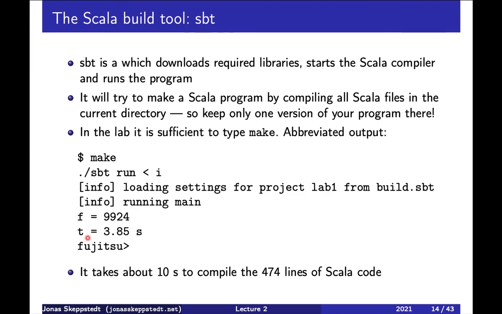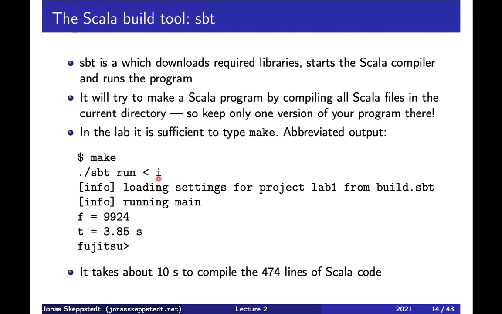So this is the input. This input comes from lab 6 of the algorithms course, and you will want to see this number when you run the labs. And for all the labs it's sufficient to just type make, because the labs will always have a so-called makefile, so you just type make and it will run what is needed.